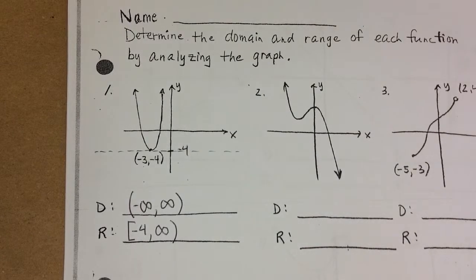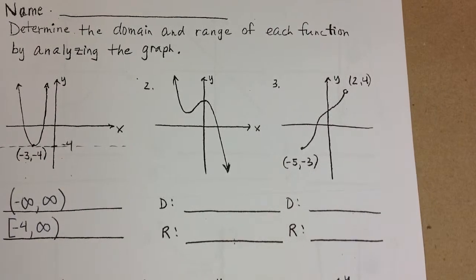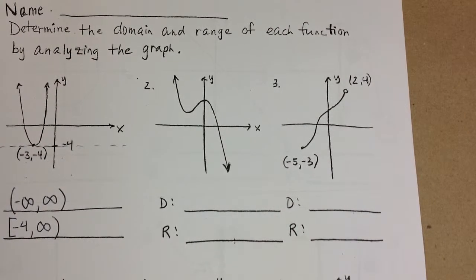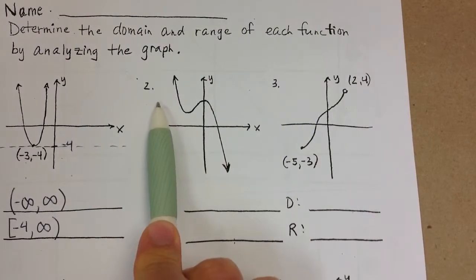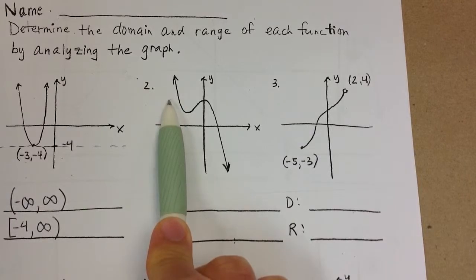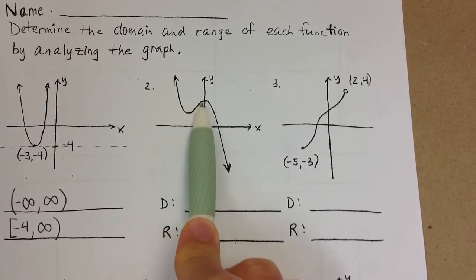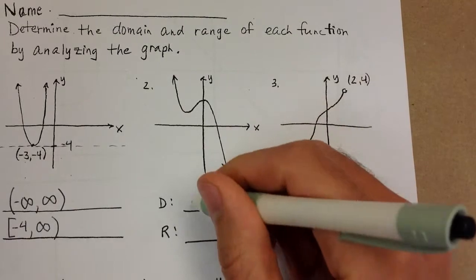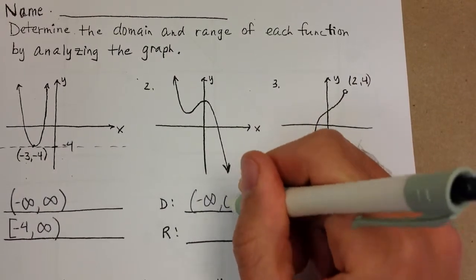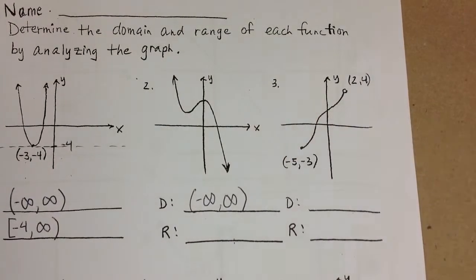Chowan, could you give me the domain for number 2? Negative infinity to positive infinity, yes. As you go from left to right, over here at negative infinity, you have stuff, you have stuff, all the way to positive infinity. So this function is defined for all real numbers in x.